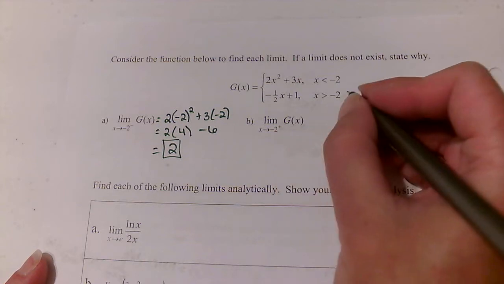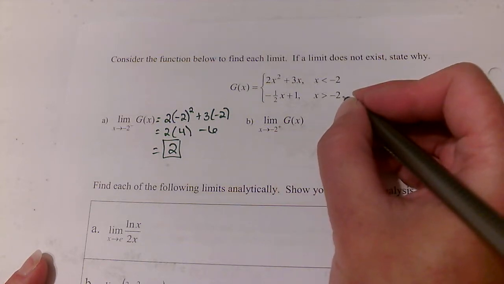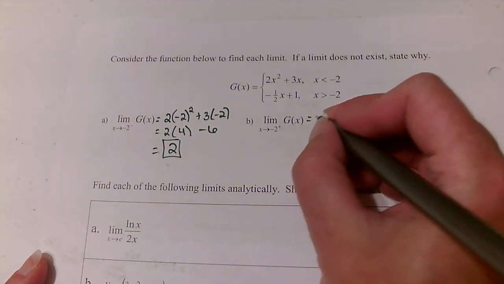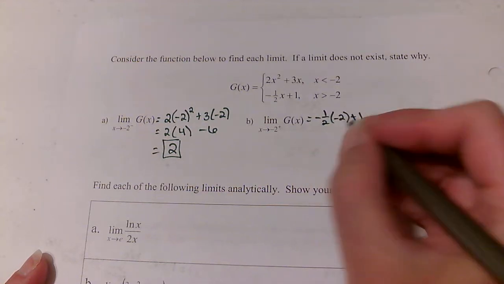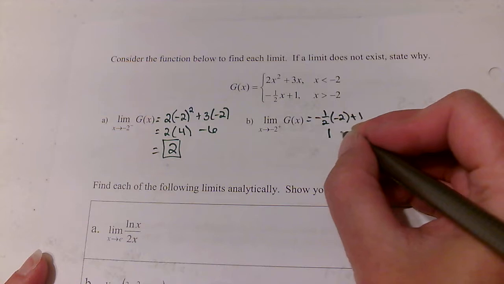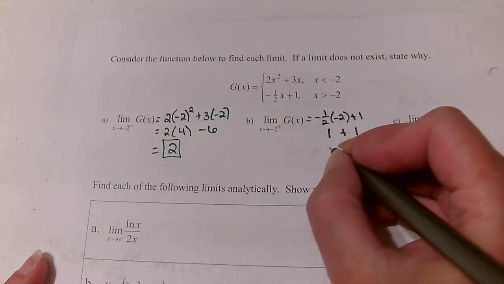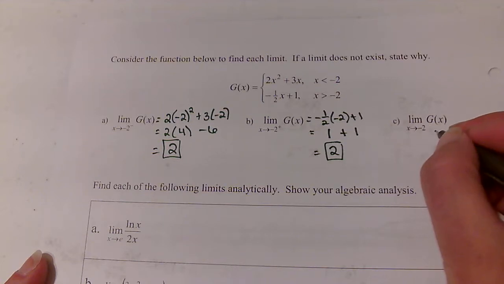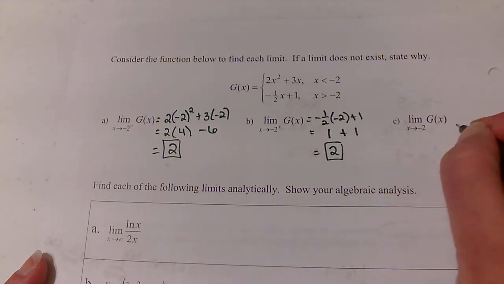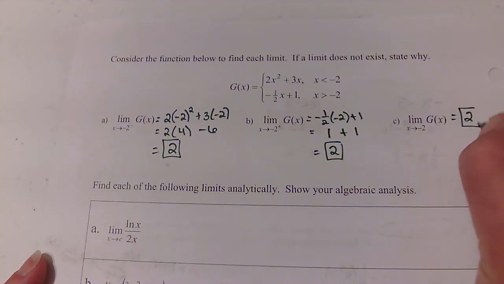From the right side means I'm going to choose this piece of the graph. So that's going to be a +1. So what is the limit as x approaches -2 of g of x? Well, it's 2. It doesn't matter which side we looked at.